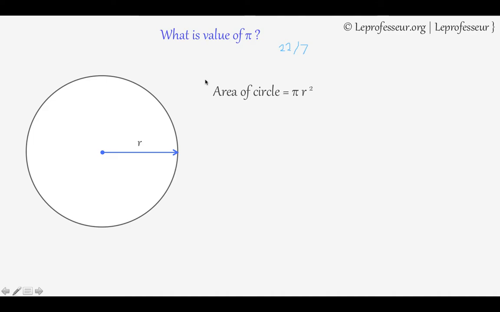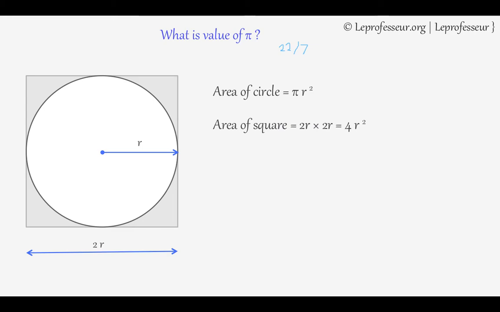So what if we think intuitively and draw a square around this circle? The length and width of the square would be equal to 2r, and the area of this square would be 4r square. Now we have the area of a square which contains the circle.